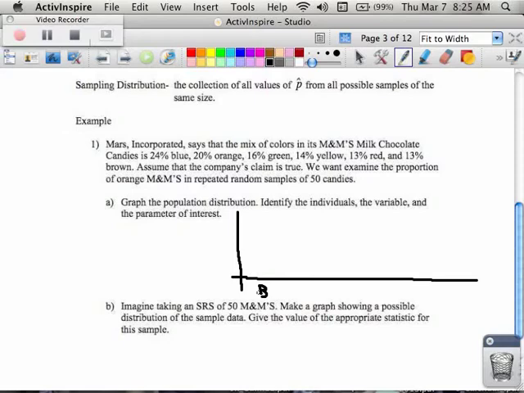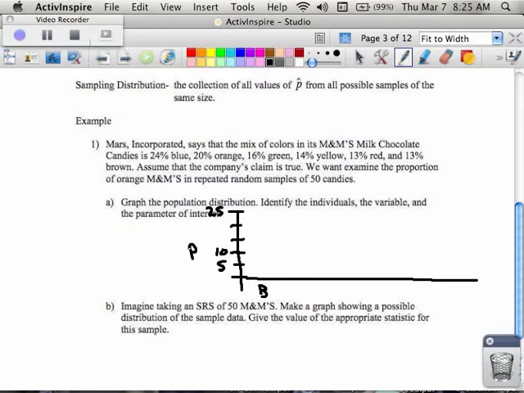What was the highest one? 24? Yeah. So I'm going to make this 25. I'll go by 5s: 20, 15, 10, 5. And these are my proportions. And then the colors are down the bottom. I don't really have a lot of room there.